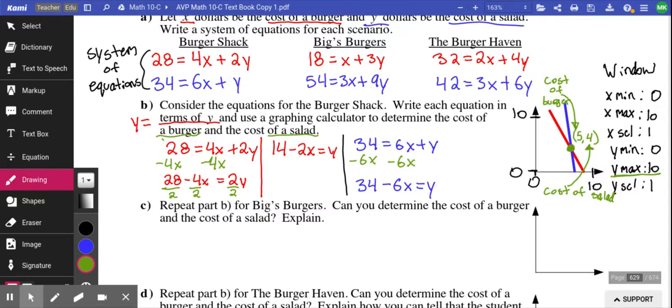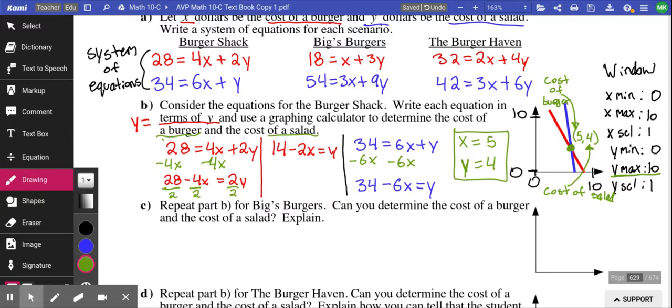So I know that at this store, the cost of a burger is $5. Cost of a salad is $4. And I know that because those are the only prices that would make both equations work. And since both of those orders happened at Burger Shack, that has to be the price of a burger and the price of a salad at Burger Shack, because it's the only way both orders would make sense.